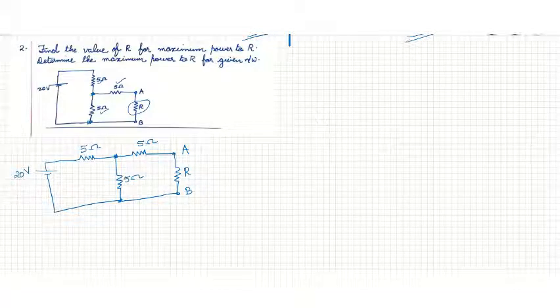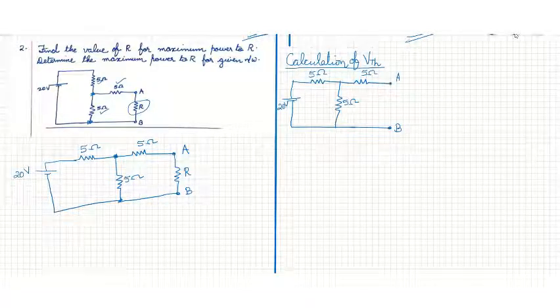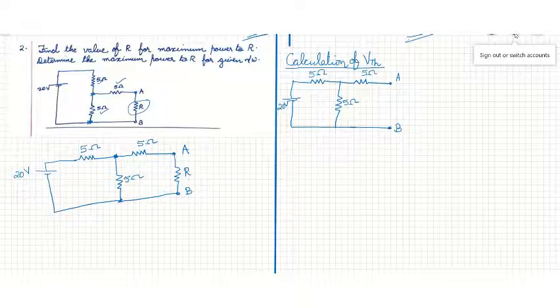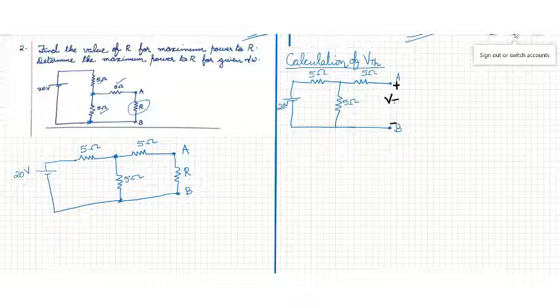Now let's calculate VTH. In order to calculate VTH, the circuit is redrawn like this. Terminals A and B are kept open circuited, and voltage between A and B is Thevenin voltage VTH. From the diagram, it's clear that the entire current will flow through this path only.